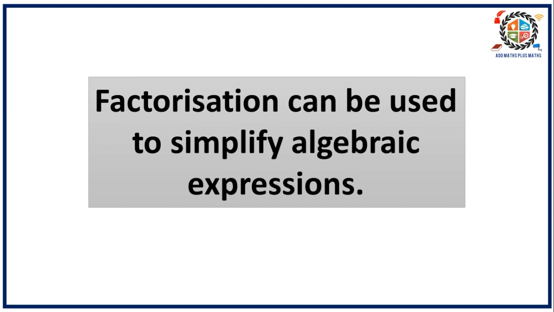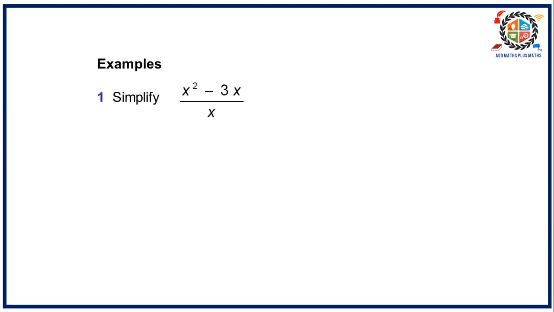So how can we use factorization to simplify algebraic expressions? Example, simplify x squared minus 3x divided by x. You will notice that it can be x squared divided by x, minus 3x divided by x. But I won't do that anymore. I will factorize x squared minus 3x.